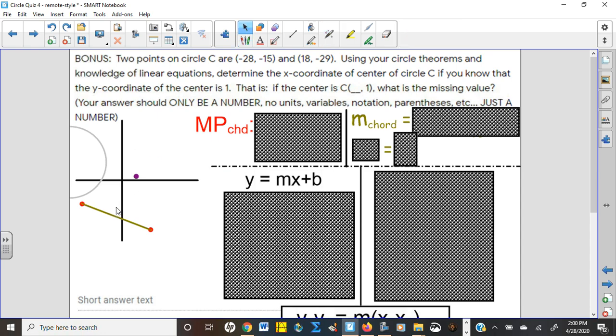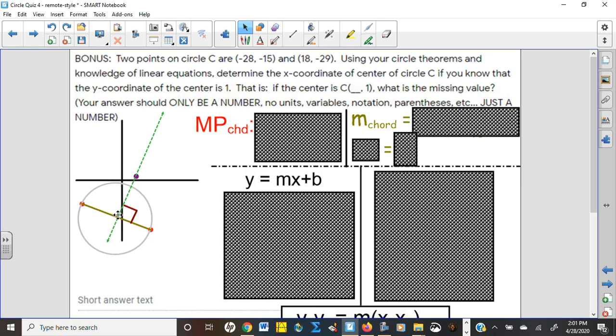And so if I found the midpoint and drew the perpendicular bisector of this chord, it would go through that center point. The problem is that any point on this line, and there are infinitely many points on that line, could be the center.